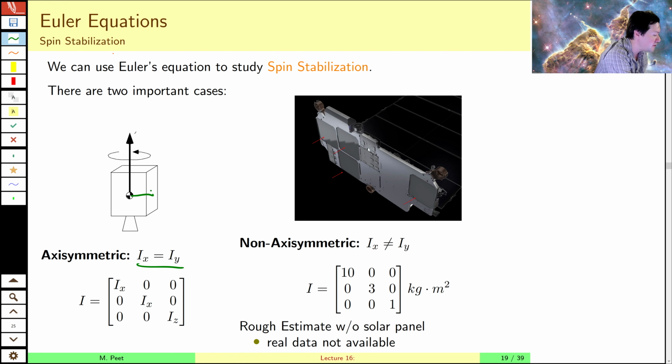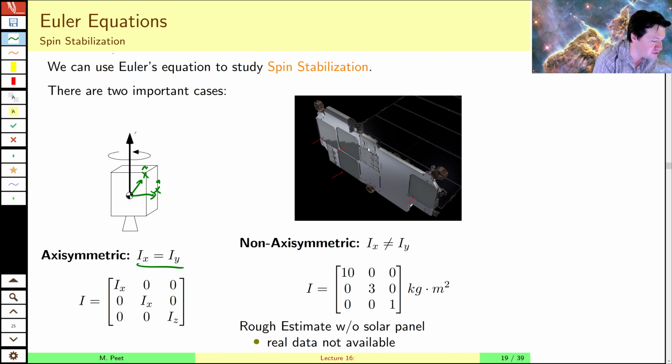So it doesn't matter if this is x or this is x, the geometry doesn't change. And that's what we mean by axisymmetric. If we swap the x and y axes, well, you can't really swap them because they wouldn't be a right-handed coordinate system. But if you made it yx, it wouldn't change the moment of inertia tensor. And that's what we're looking at.